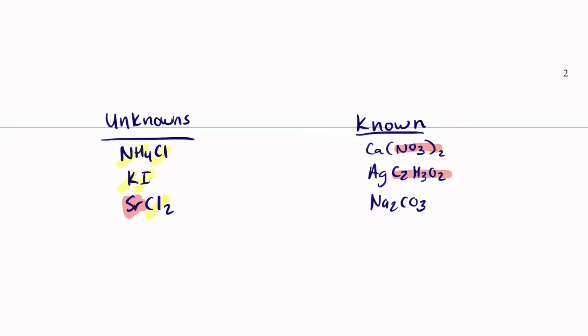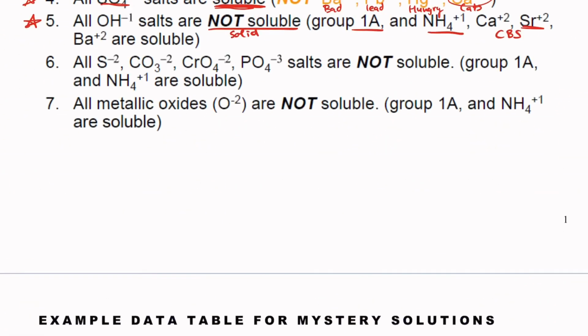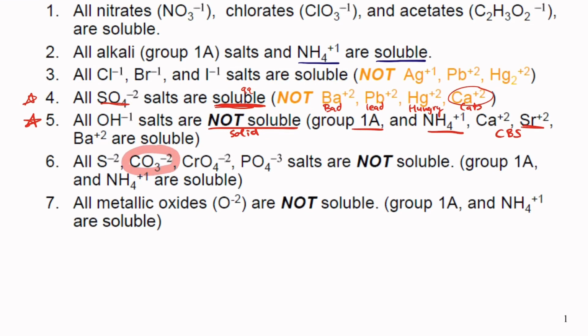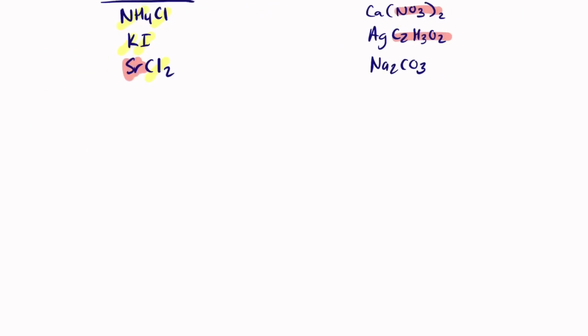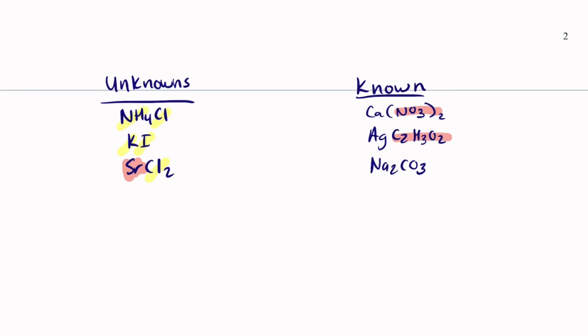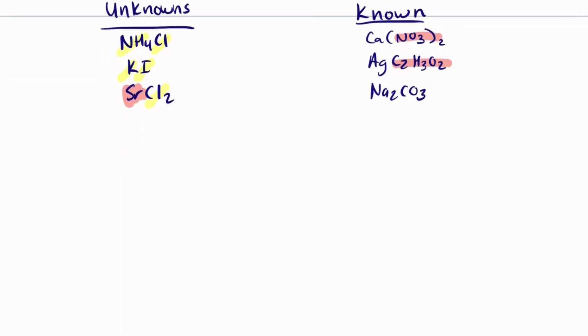Acetates don't give us precipitates. But if you scroll up and you look at rule number 6 on your solubility rules, we have carbonates. Carbonates tend to give us precipitates. They're not soluble. And strontium is not an exception. So what I'm going to do here is I'm going to cross my unknowns.